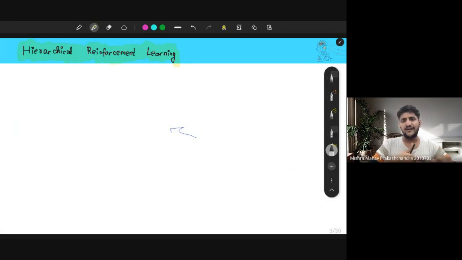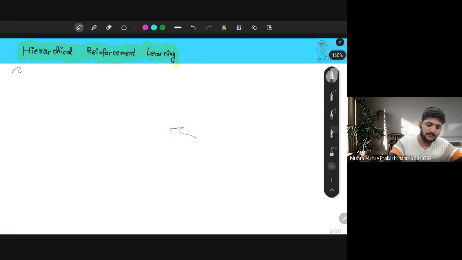Now when we move to hierarchical RL, the type of tasks that we are targeting is much larger than the typical problems that we had been looking at in reinforcement learning. So here the agent would be required to learn some complex task.